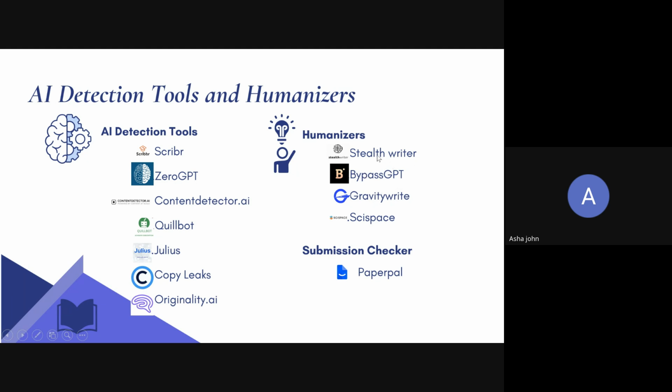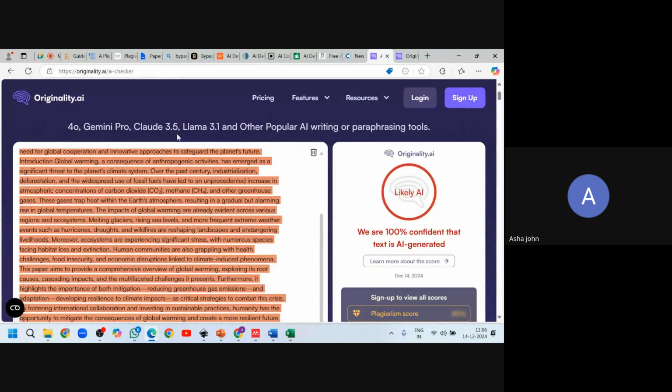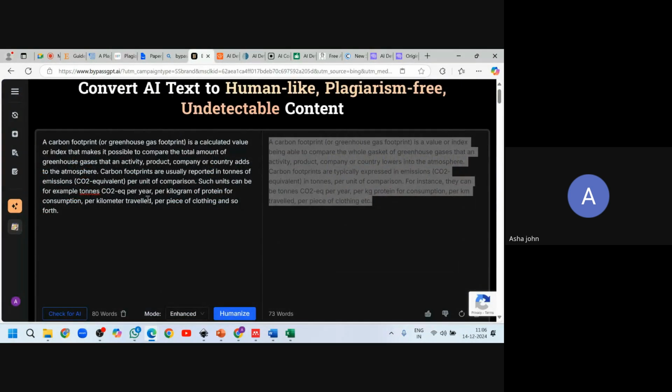Now let's try to rewrite our content, and then we will try all these AI tools to see if our AI content has been removed. For that, Stealth Writer is already open.